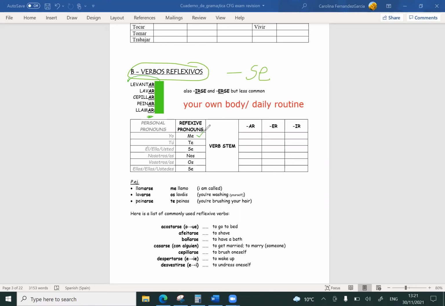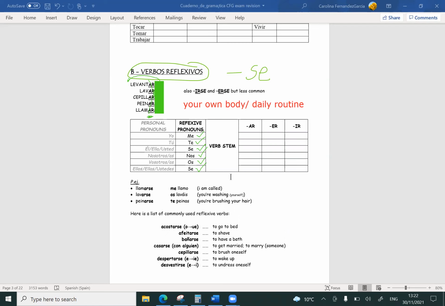If it's me, I change it for me. If it's you, te. He or she, I don't change it. I just put it at the front, stays the same, se. We, nos. You all, os. And they stays the same as well. Once I've dealt with that, I have to deal with the AR. I have to get rid of the AR and add the correct endings.